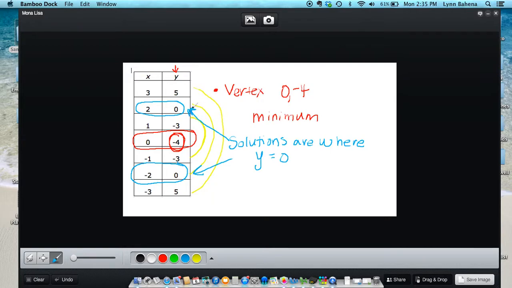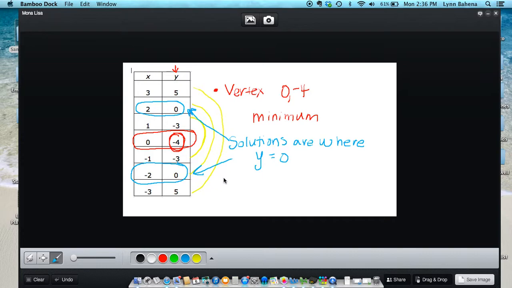So while this is easier and requires a little less work, I would definitely steer you towards the method of graphing it, because when you have that visual representation of your parabola, it's much easier to pick out your vertex and your zeros and determine if it's a minimum or a maximum. Now keep in mind, there's one other thing that can happen here, and that is that your graph might not cross the x-axis at all.